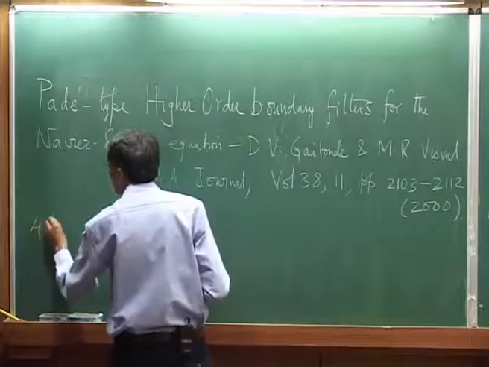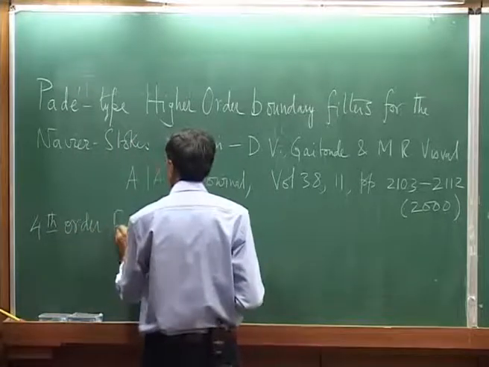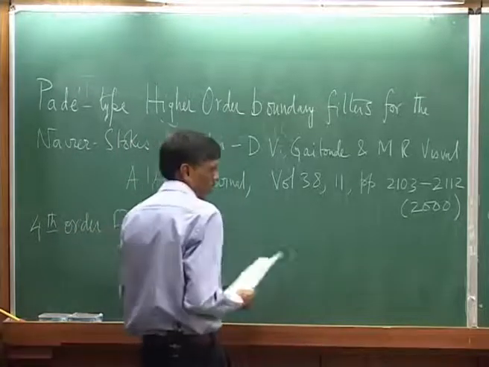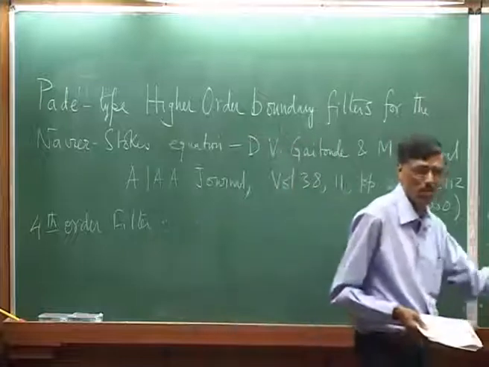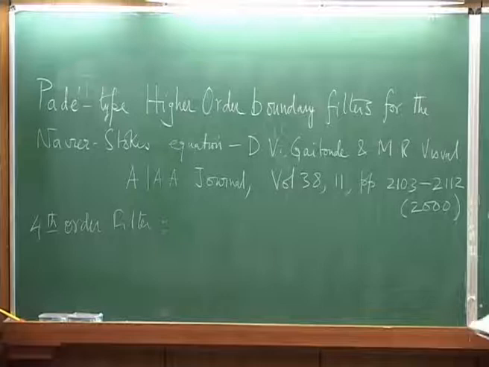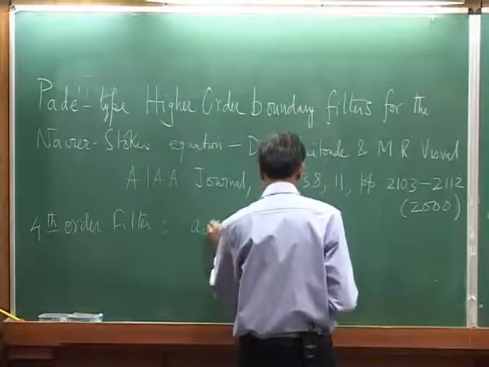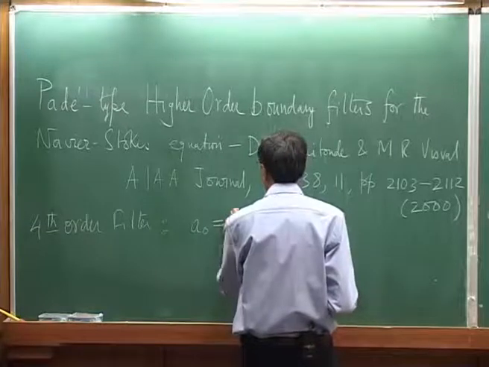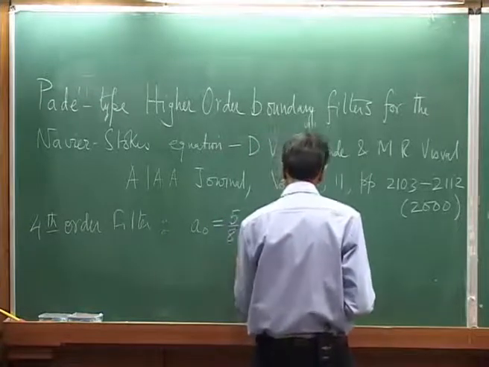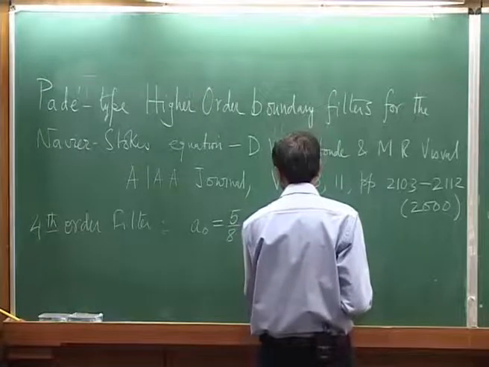So, the next order filter would be a fourth order filter. That is what we have been looking at here, these two equations plus the transfer function at pi equal to 0 would give you A0 as 5 by 8 plus 3 alpha by 4.